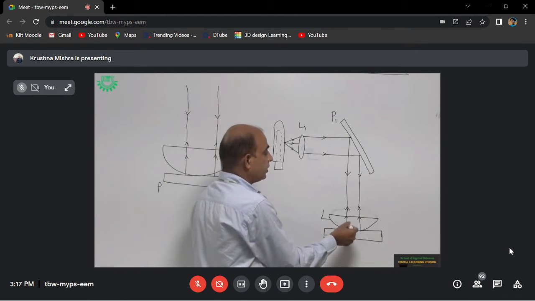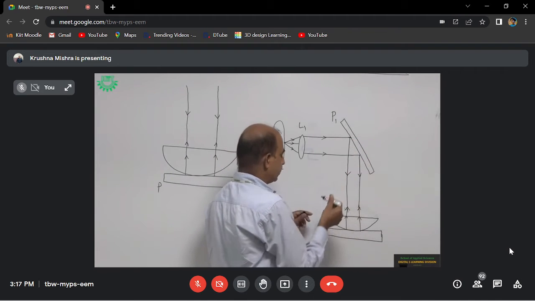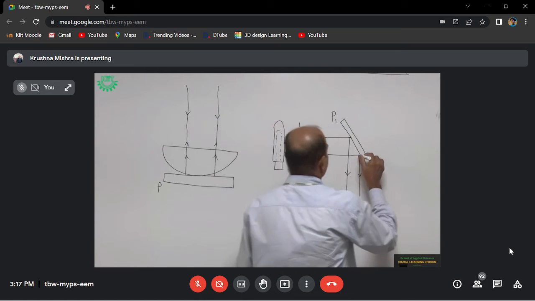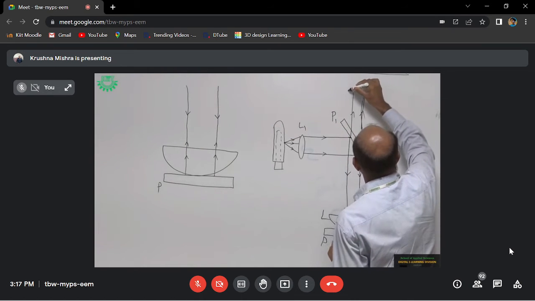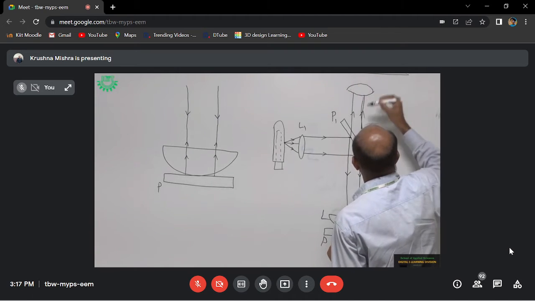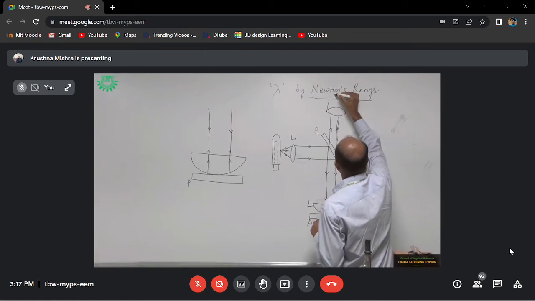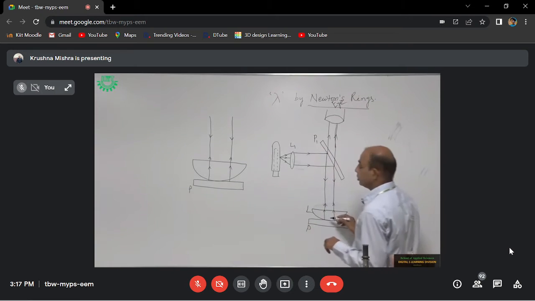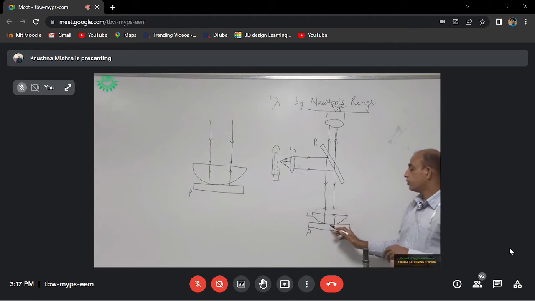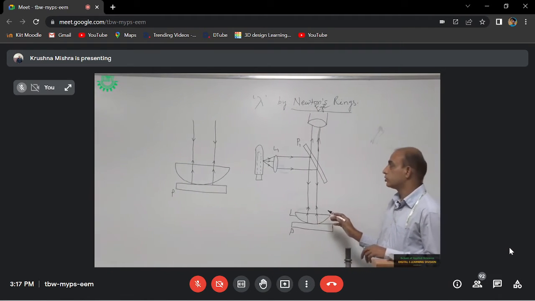So after it is reflected again, that is after the superposition takes place, there is a traveling microscope kept here, and we are keeping the eye here to watch the alternate dark and bright fringes which is formed in this air film in between plane glass plate and plano-convex lens.